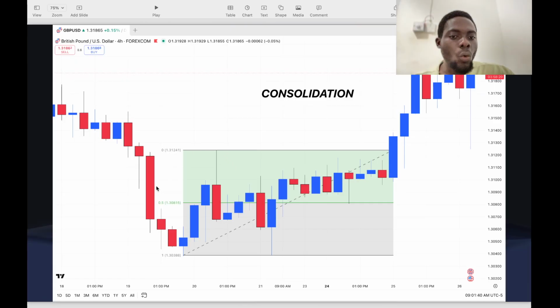So we mark out this whole level, and then we saw price respect this level starting from this candle. This candle came inside this, respected it. This one too came inside this, respected it, and then started going up. The impulsive. So we can take trades based off of this price action.